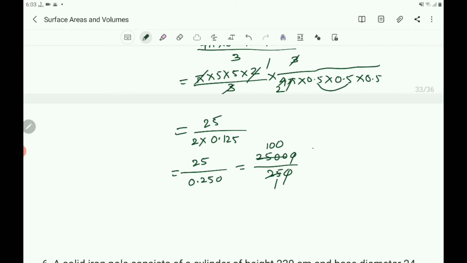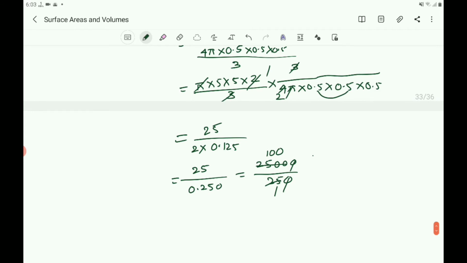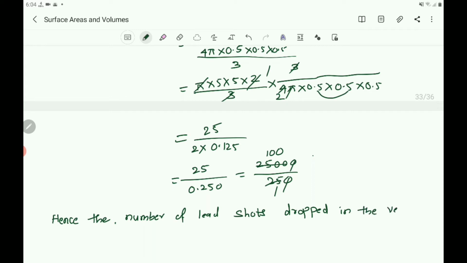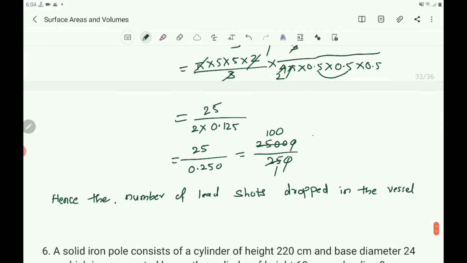So how many lead shots dropped in the vessel? 100 lead shots. Hence the number of lead shots dropped in the vessel is 100.